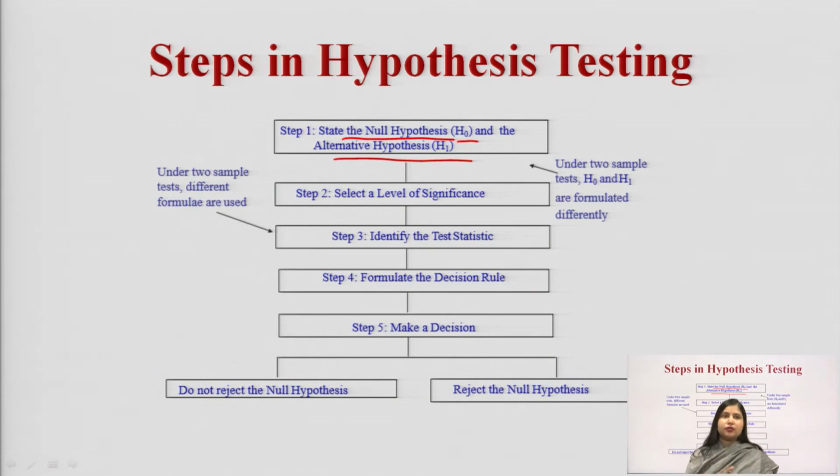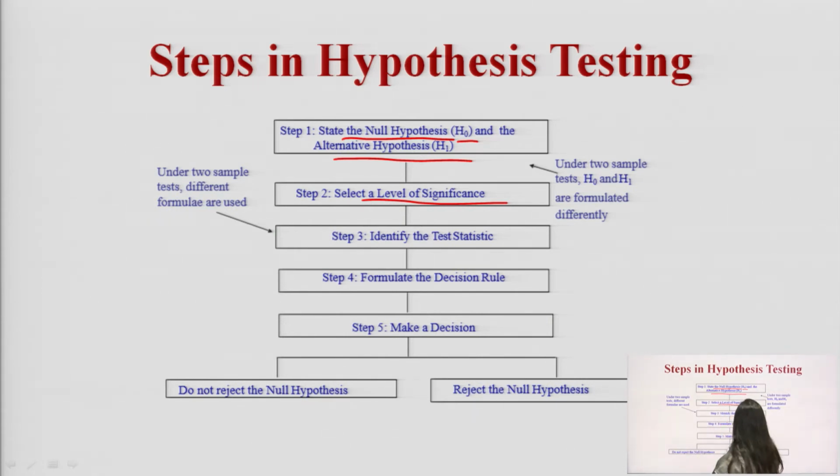So in the first step we prepare our hypothesis statements, and in the second step we decide the level of significance, which means what percent of chances you are willing to take as risk. That is our level of significance.